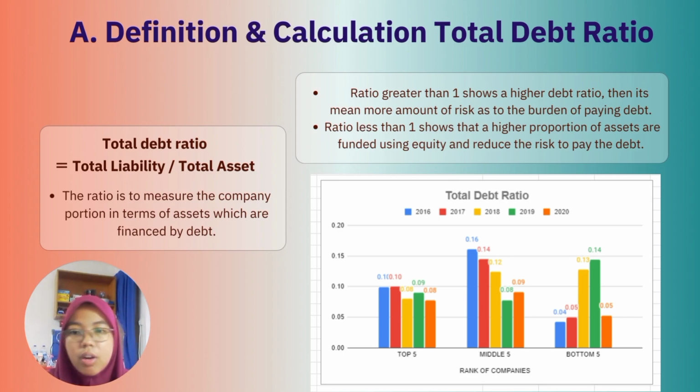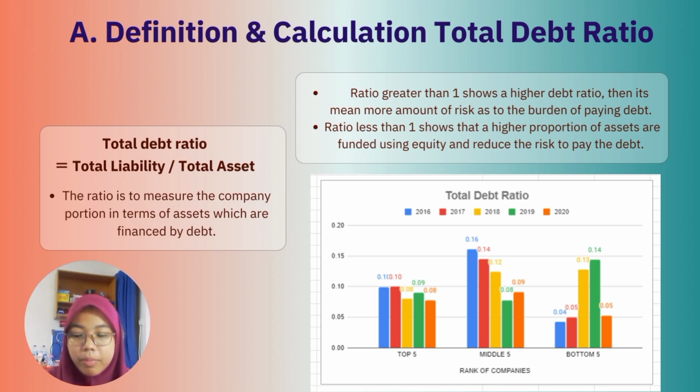2020 is when COVID-19 spread around the world, right? We can see that the ratio is less than 1, so the total debt ratio is not high, and the company can pay the debt during that time.